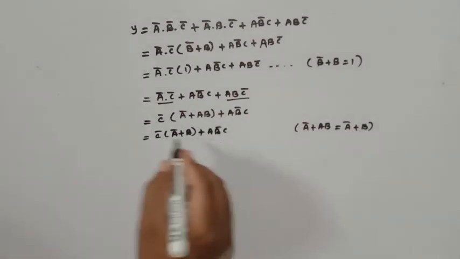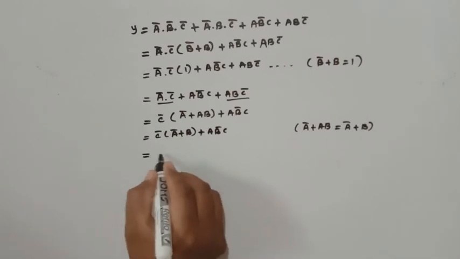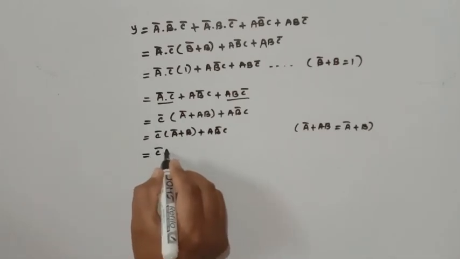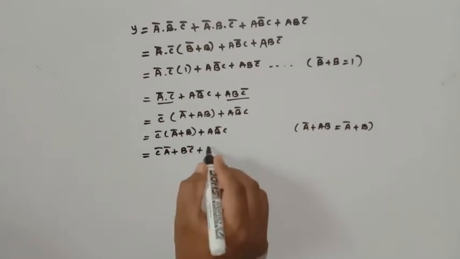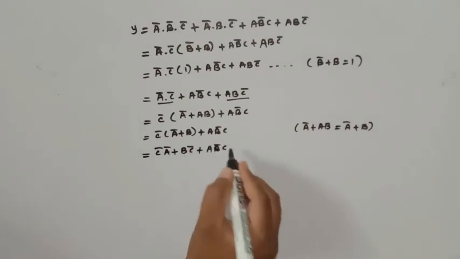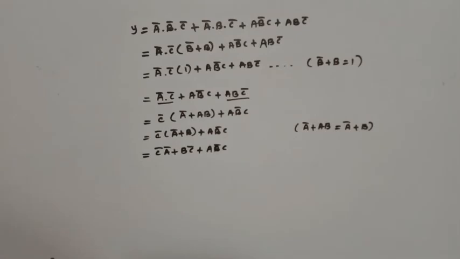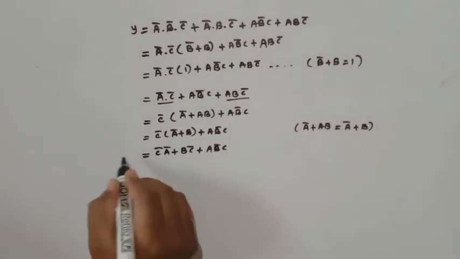Again we expand this equation: c bar a bar + b c bar + a b bar c. This is the final expression of this equation.